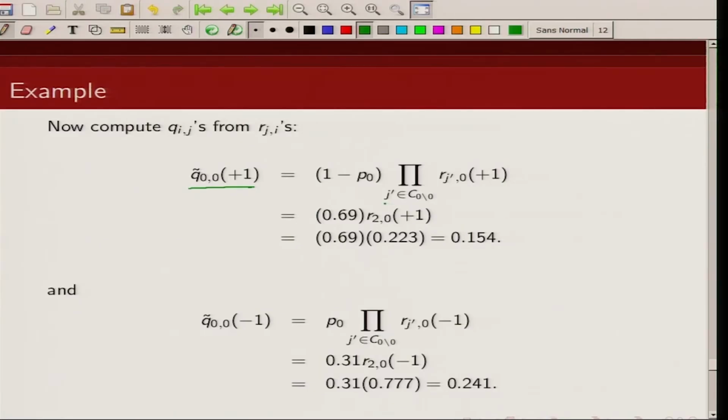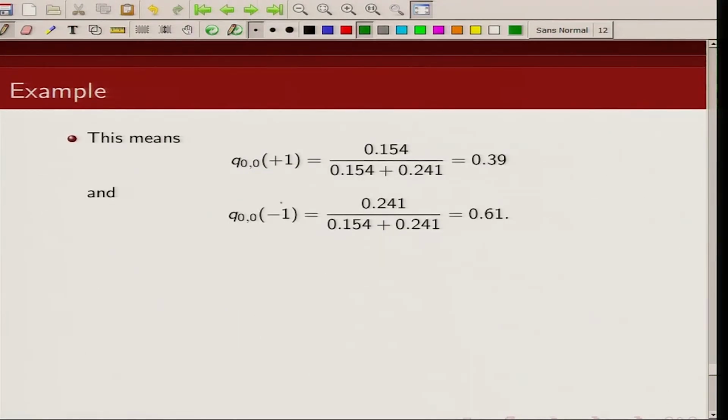We find the product over all those check equations other than that particular bit, and we repeat this for Qij being plus 1 and minus 1, and we can normalize these probabilities so that they sum up to 1. So, if we normalize it, these are the probabilities that we are getting, right.